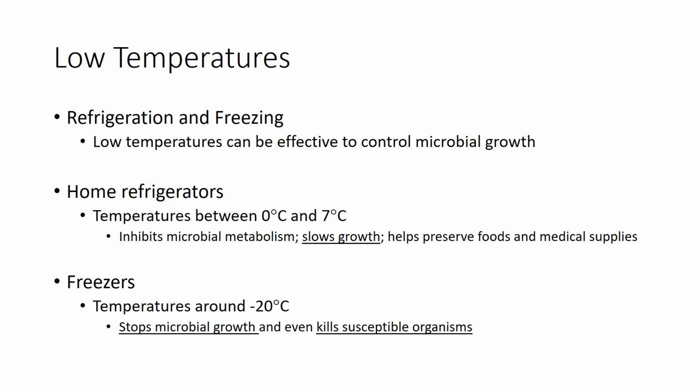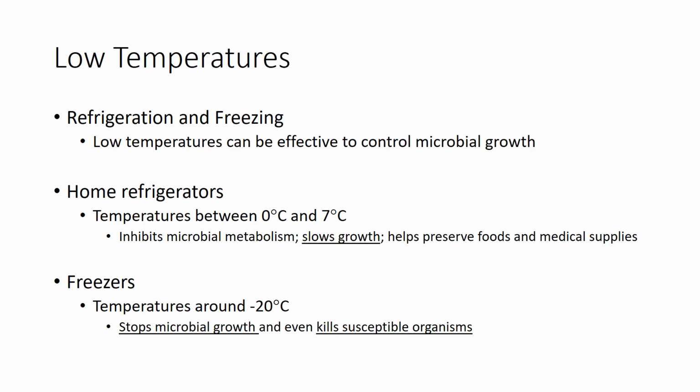Your home refrigerator should be between 0 and 7 degrees Celsius. If it's near 0, chances are you'll get freezing. So your refrigerator at home should be higher than 0, but lower than 7 degrees Celsius. And your freezer at home is roughly minus 20 degrees Celsius.